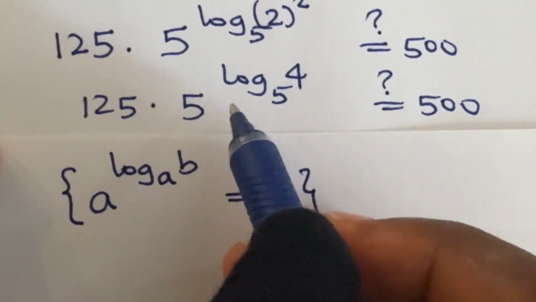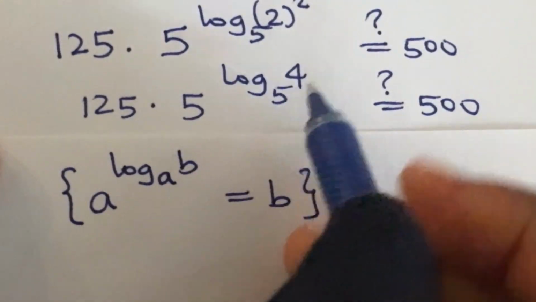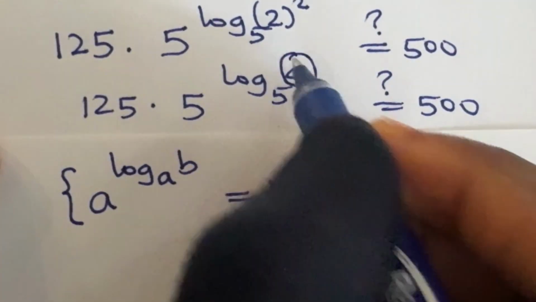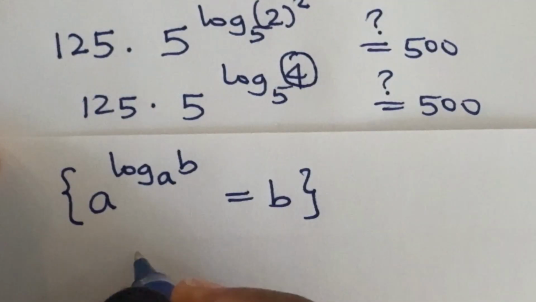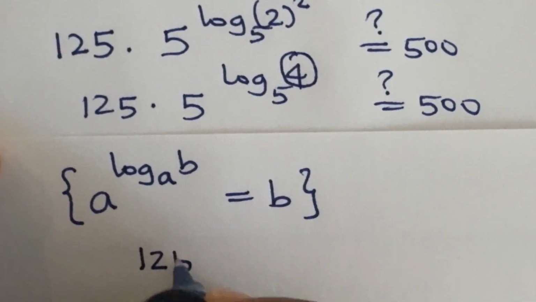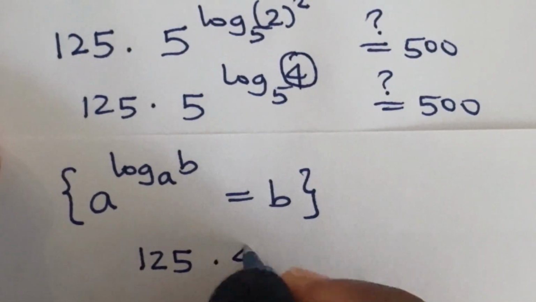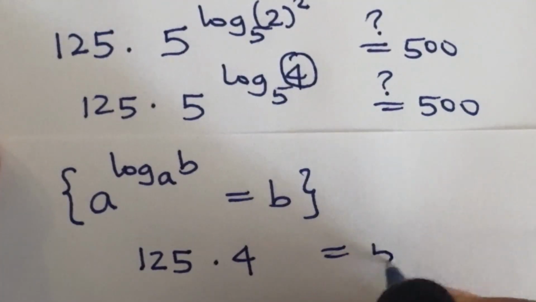Therefore, 5 raised to power log 4 base 5 will always be 4. Therefore, we would have 125 times 4 is equal to 500.